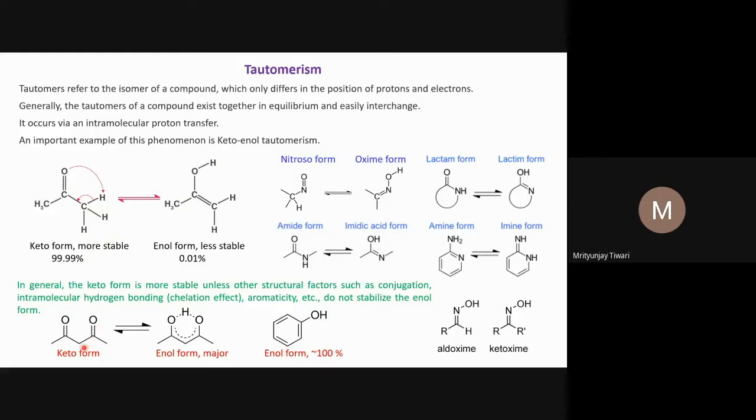Because of this electron withdrawing effect, this hydrogen may also move here, and this hydrogen may also move there. But there are two hydrogen atoms here, and the possibility of one hydrogen moving here or here is higher, because this carbon atom will have more positive charge, as it is flanked by two different carbonyl groups.